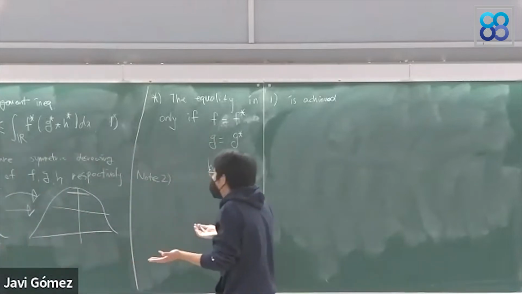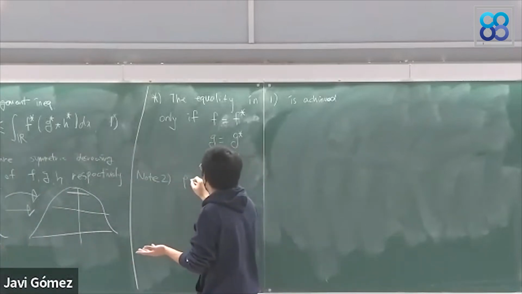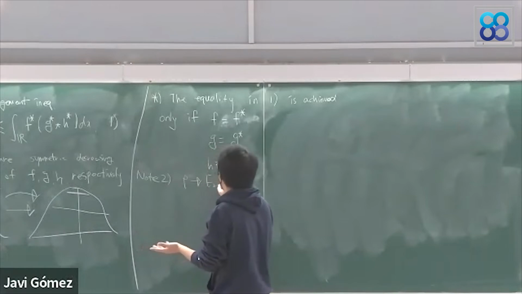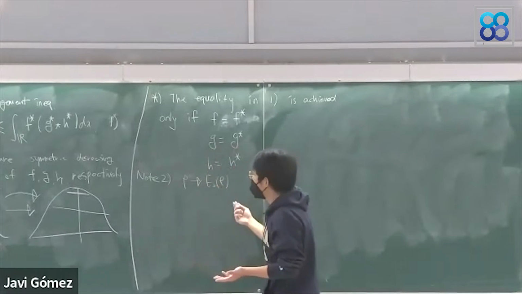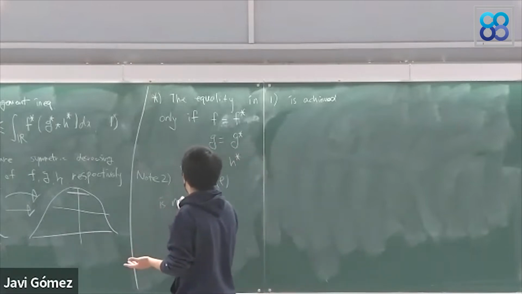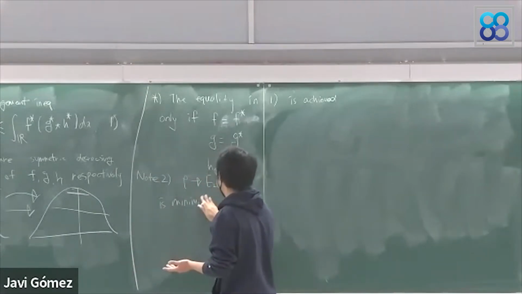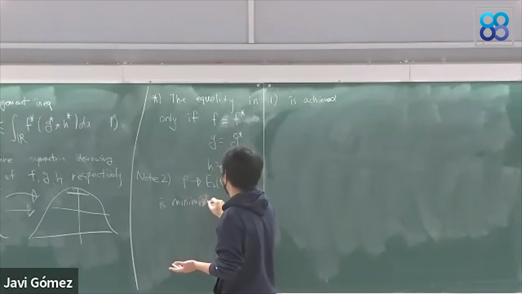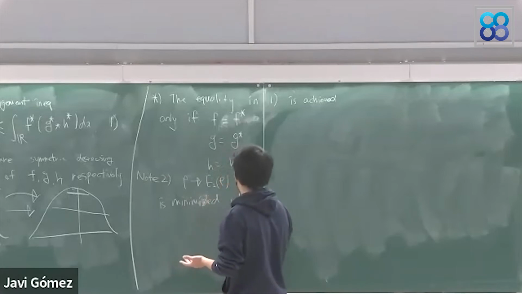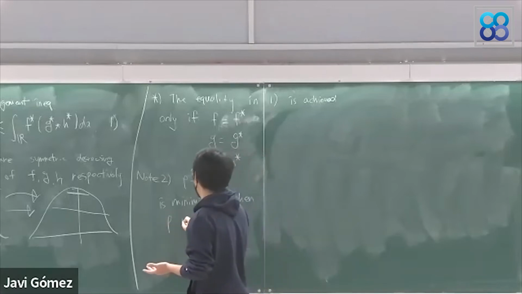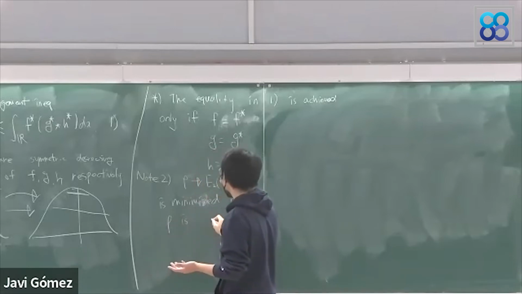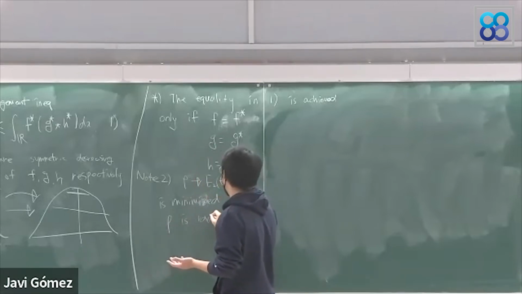So one can see that the second functional is also minimized when rho is radial.